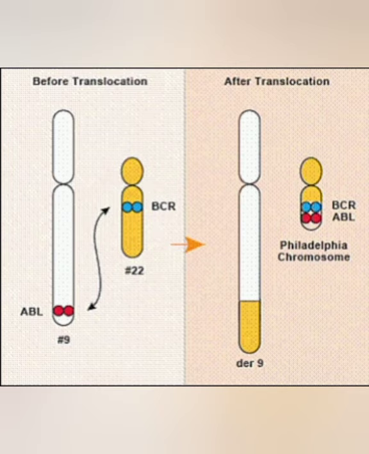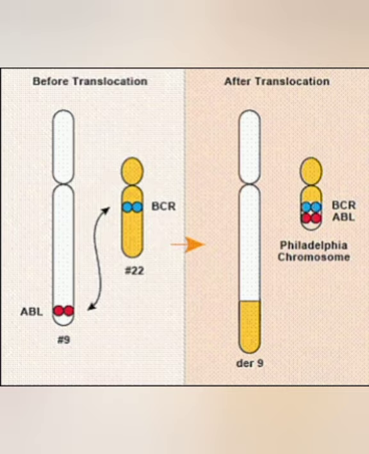BCR means breakpoint cluster region, and the BCR gene is located on chromosome 22. So the ABL gene from chromosome 9 is translocated into chromosome 22 and results in the formation of a BCR-ABL hybrid, and this results in elevated gene expression. This hybrid is commonly seen in CML patients.